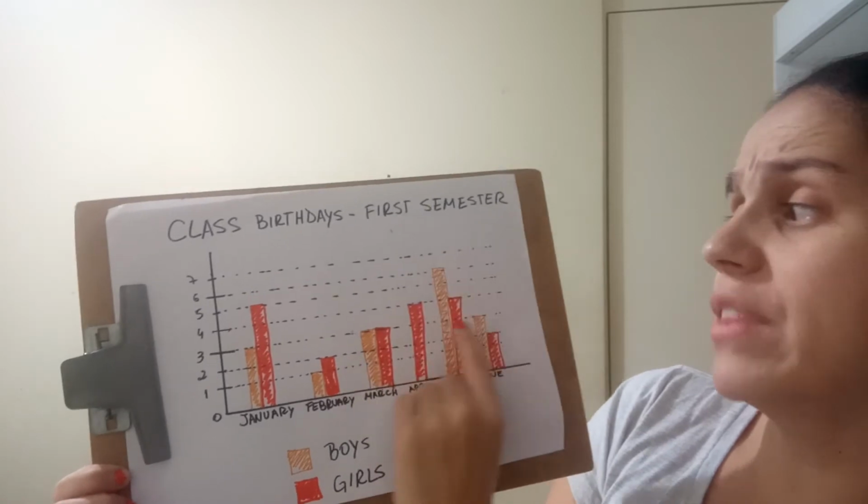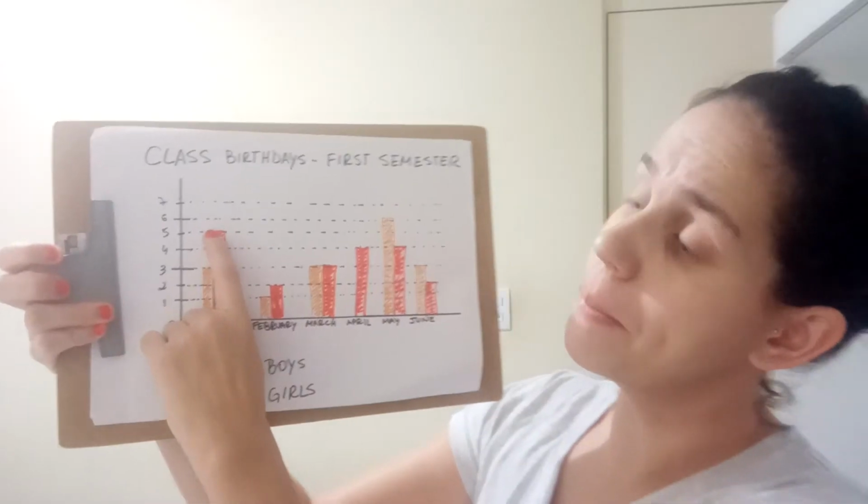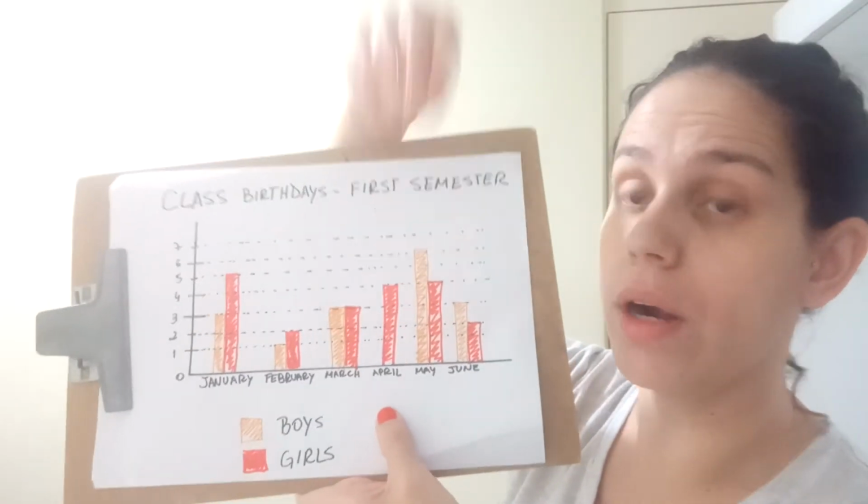So here we have 10 because 6 plus 4 is 10. And here in January we have 3 plus 5, so 3 plus 5 is 8. So in May we have more birthdays.